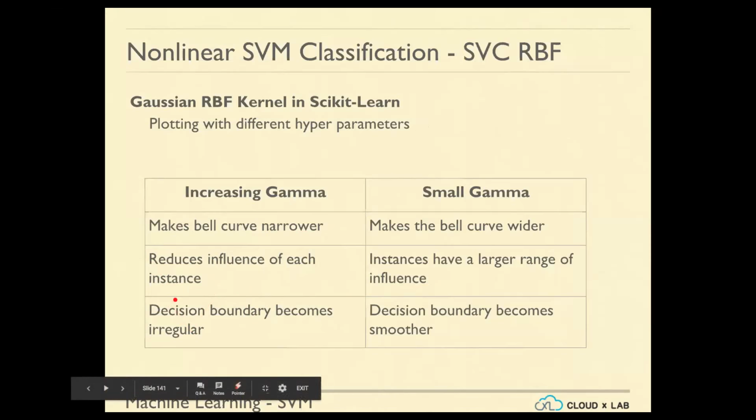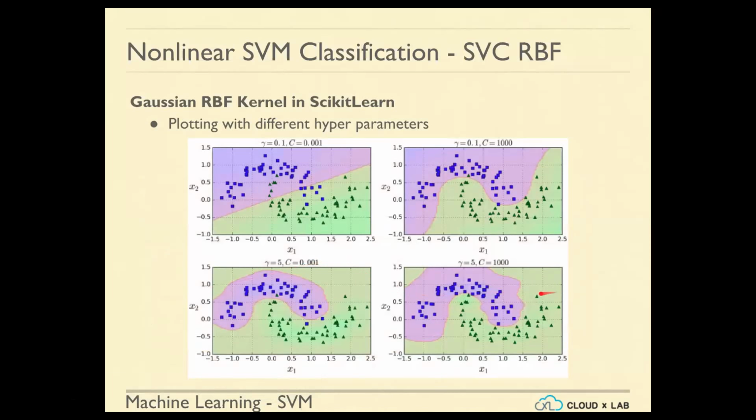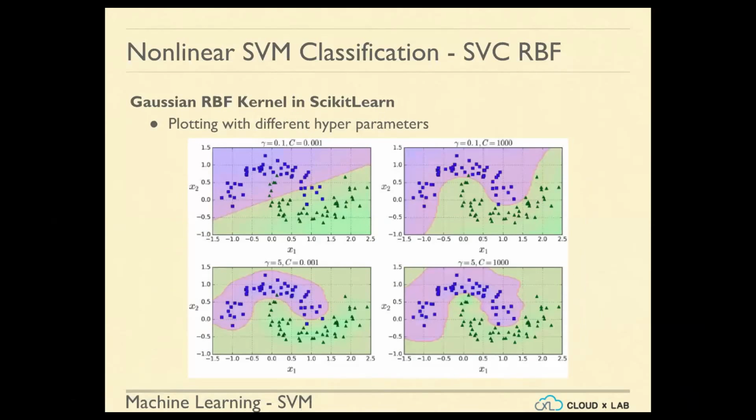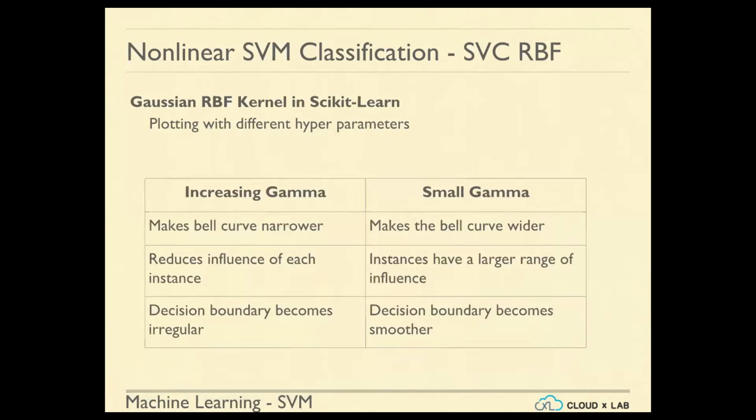Basically, gamma and C both are hyperparameters. Again, we have to do the grid search in order to find the best possible gamma and C.